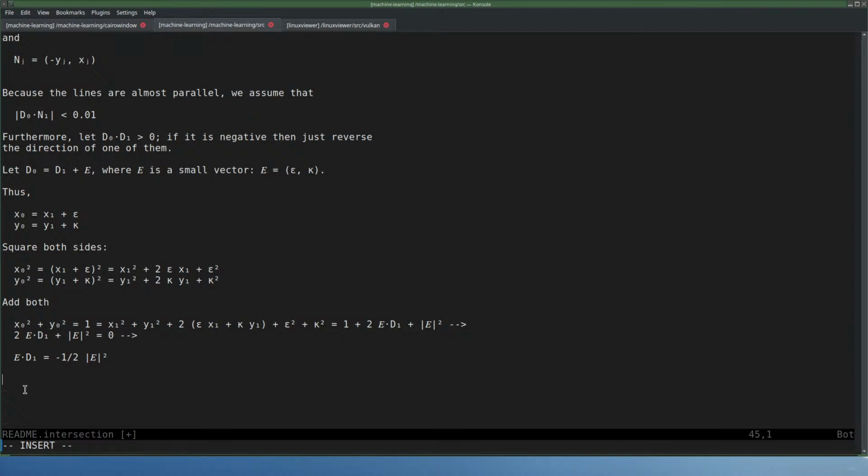I don't think it makes much sense, however, to calculate this. I would rather calculate the projection onto the normal, one of the normals.